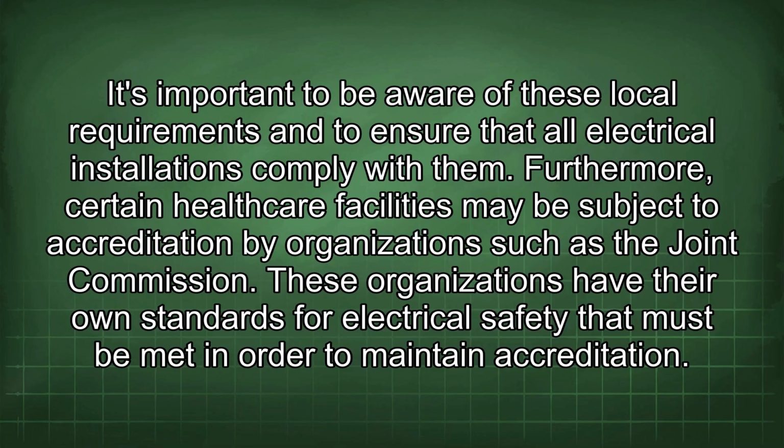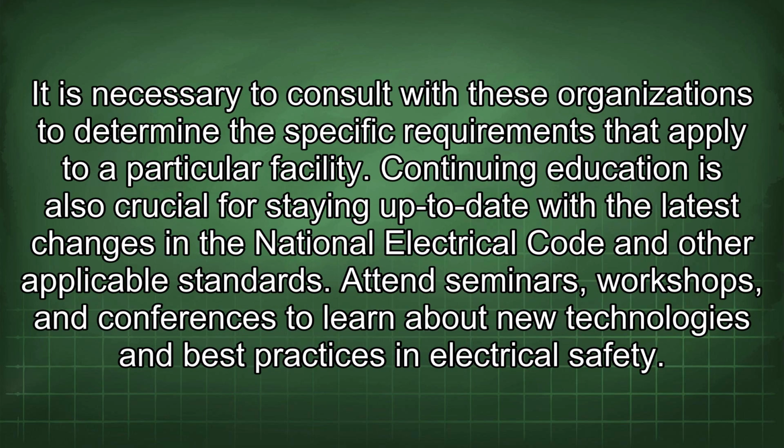Furthermore, certain healthcare facilities may be subject to accreditation by organizations such as the Joint Commission. These organizations have their own standards for electrical safety that must be met in order to maintain accreditation. It is necessary to consult with these organizations to determine the specific requirements that apply to a particular facility.